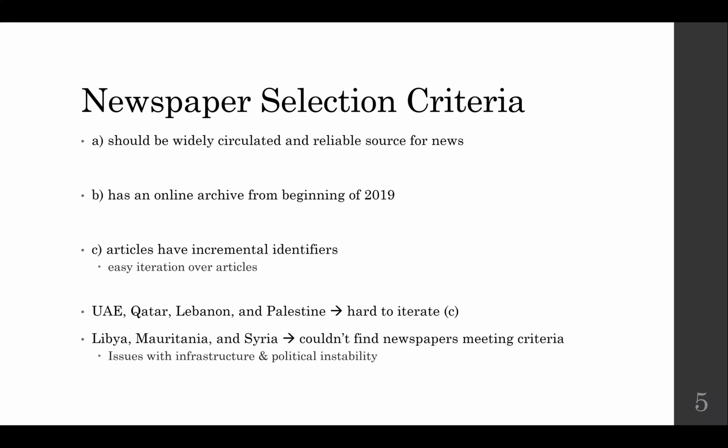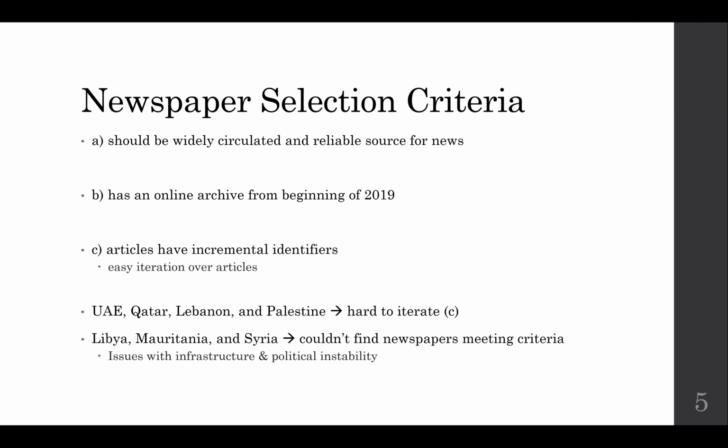So we had some criteria to consider a newspaper. First of all, it should be a widely circulated and reliable source of news, something like Al-Ahram in Egypt or Al-Khalifa in Saudi Arabia. It shouldn't be just an online newspaper, it should be official. Second criterion, the newspaper should have an online archive from the beginning of 2019.